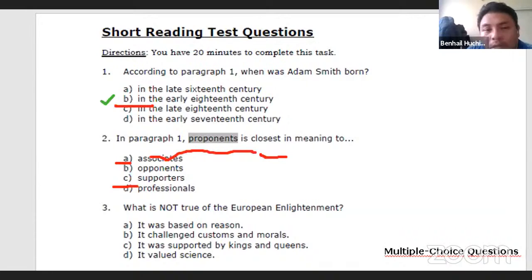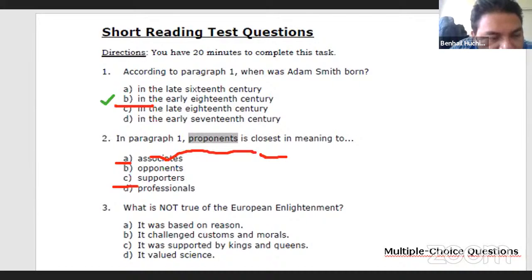In that case, we can understand the word proponents as a person who suggests things, like Voltaire, who asks for new ideas and other things. It's similar to politics. For example, here in Mexico, we have the selection of the candidate.